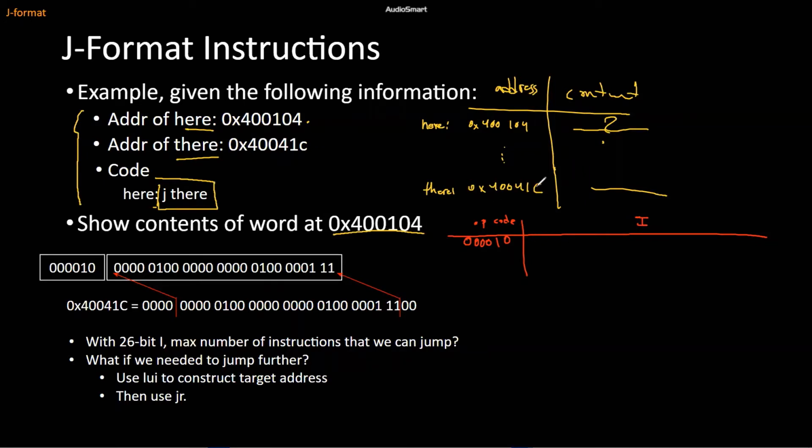We have 4 bits from the current instruction, which is basically the memory address of the current instruction. Then we have 26 bits for the I, and then we have 2 bits that are 0 and 0. So basically that's what we have.